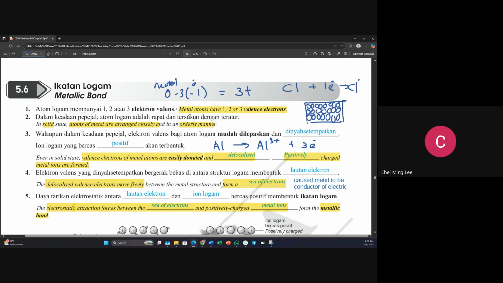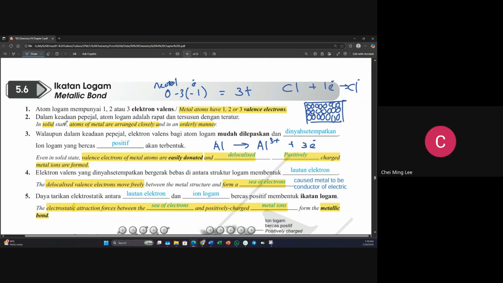Normally, a metal atom has 1, 2, or 3 valence electrons. With 4, like carbon, we do not consider it as metal anymore; it is called a metalloid, half metal, half covalent. So normally the outer shell is only 1, 2, or 3.